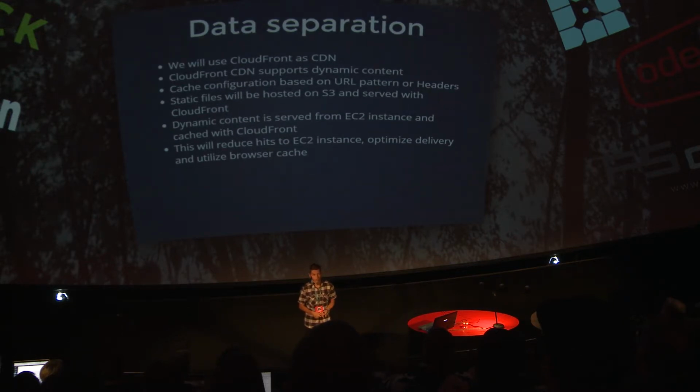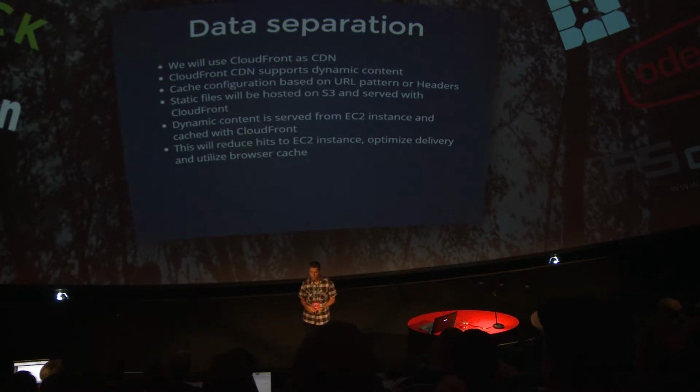What will we be doing here? Well, we'll be using CloudFront as the CDN provider. CloudFront does support caching rules based on URL or standard HTTP headers. CloudFront and S3 have great implementation and synchronization, so we'll be hosting our static files on S3.